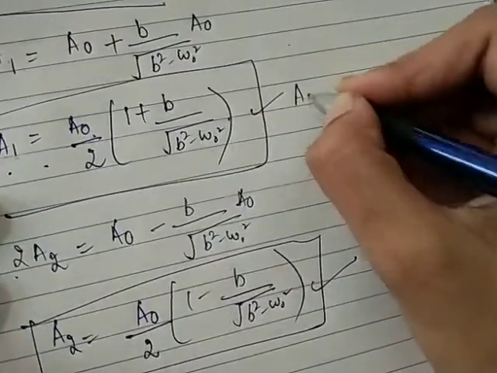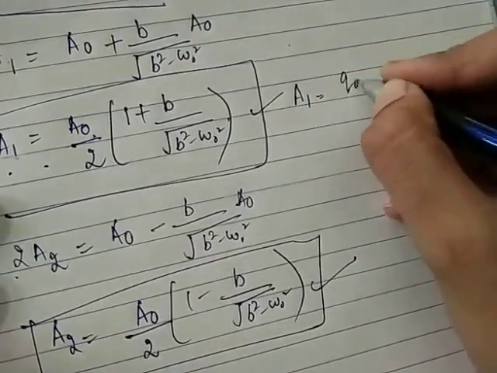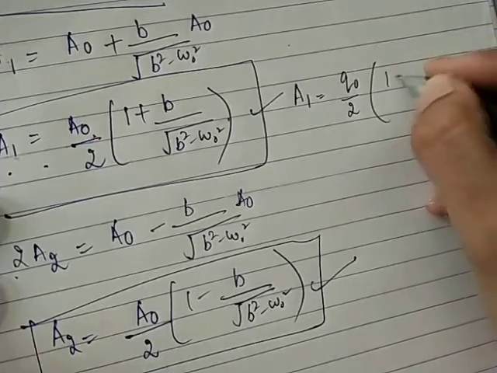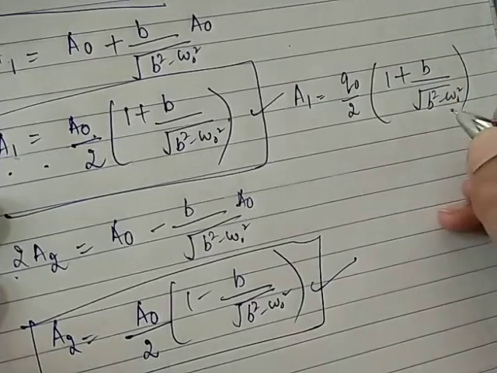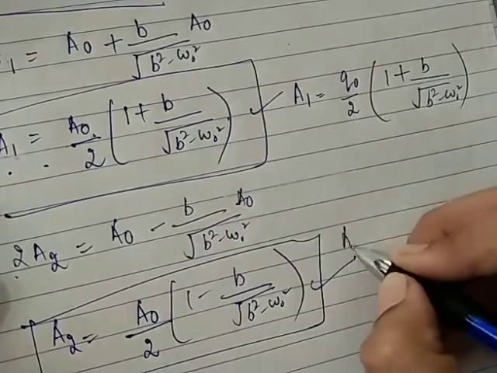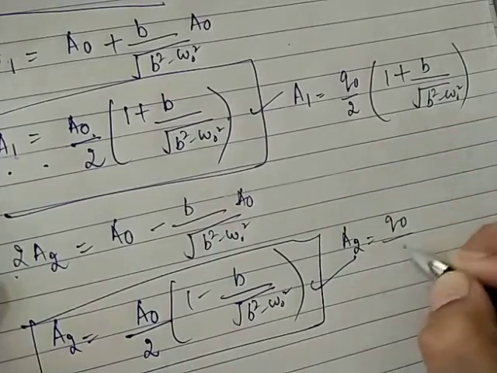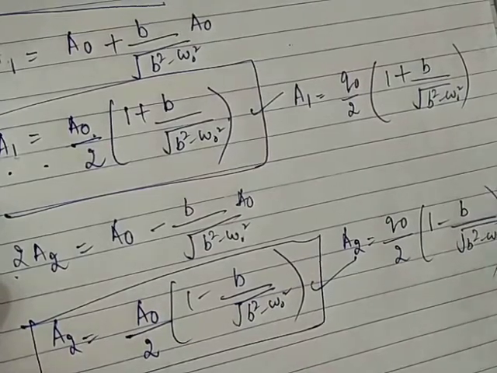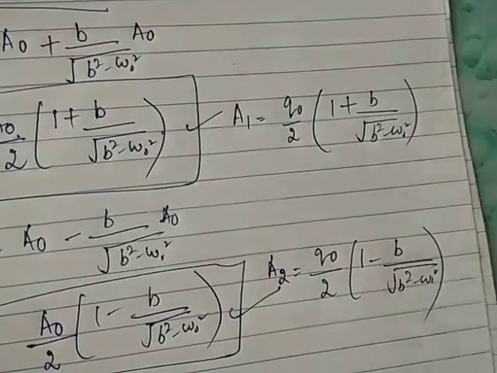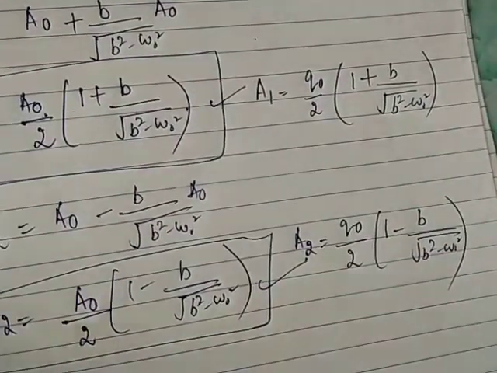So at that time we would have the value of a1 equal to q naught by 2, 1 plus b upon under root b square minus omega naught square, and we would have a2 equal to q naught by 2, 1 minus b upon under root b square minus omega naught square, like this. So we would have these two equations. We have just replaced x by q, so that we could replace a naught by q naught.